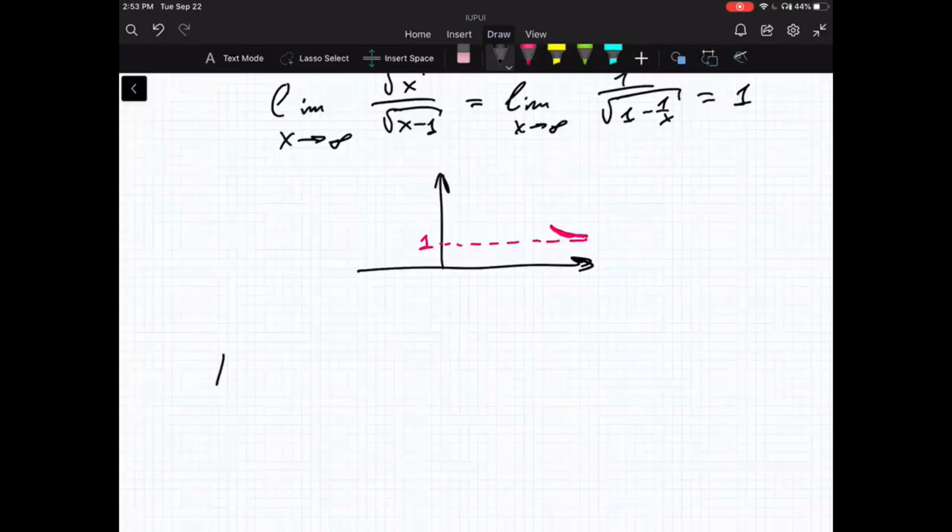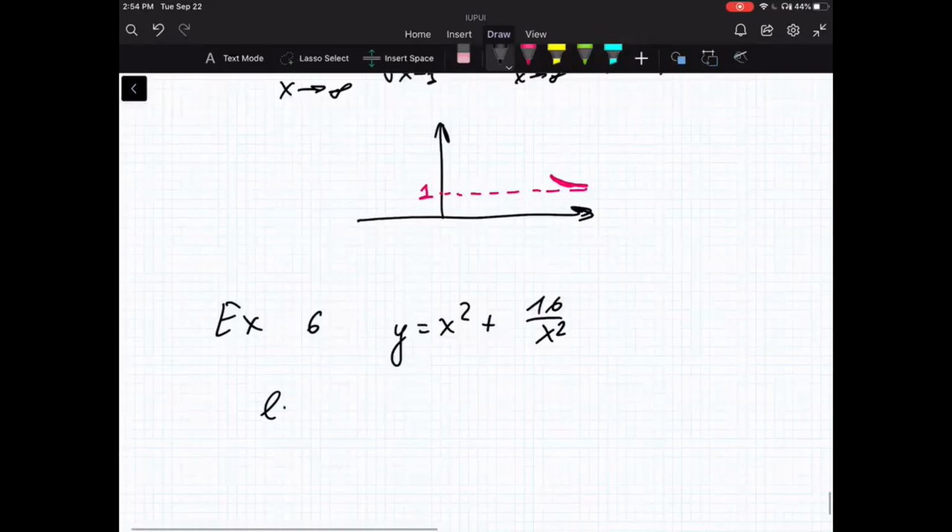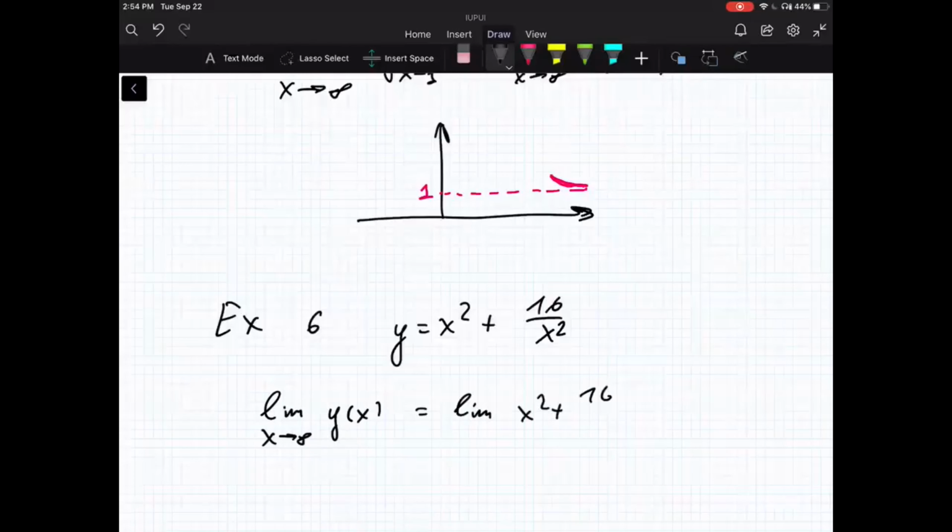Another thing about asymptotes is given in the example y equals (x squared plus 16) over x squared. Again, if you calculate the limit of y of x when x goes to infinity, it is the limit of x squared plus 16 over x squared, and that will be, of course, infinity.